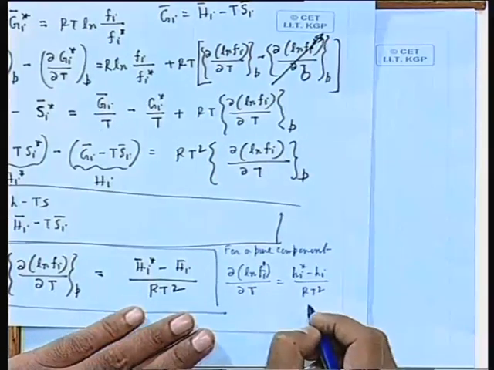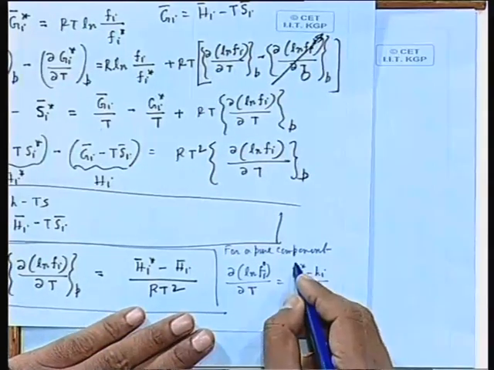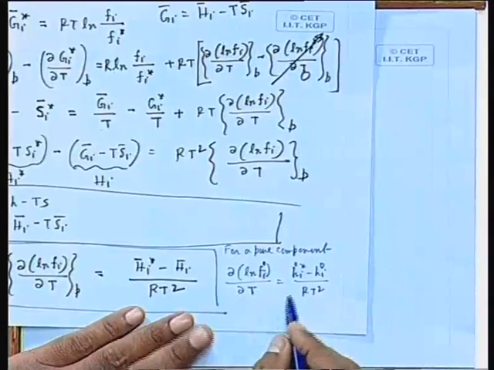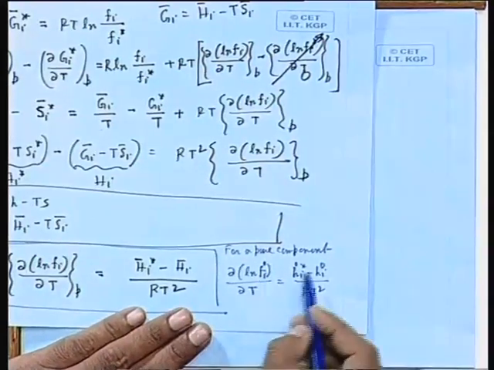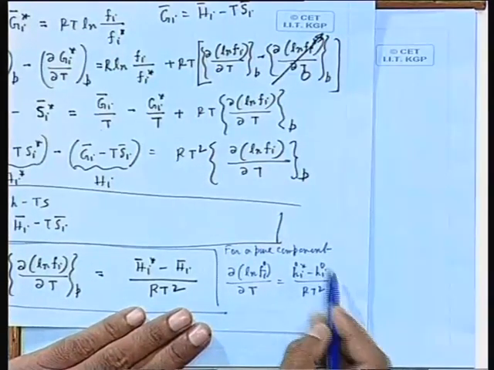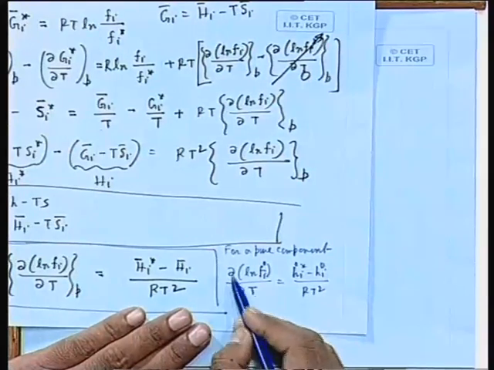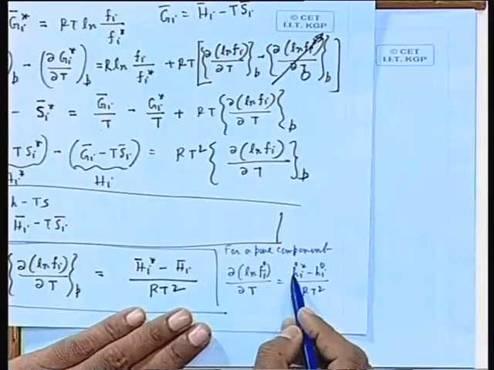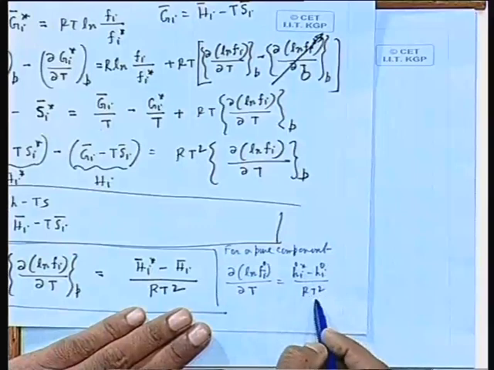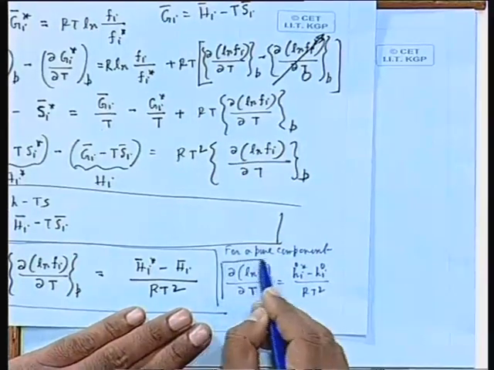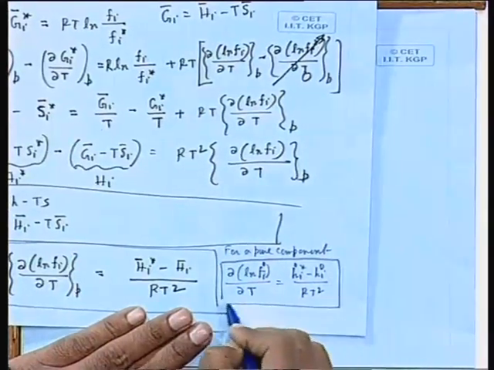These are the molar enthalpies of the pure component, so I give it the superscript 0. That means when the ith component exists as a pure component at the same state of the mixture, del ln Fi0 by del T is Hi0 star minus Hi0 by RT square. So this is valid for the pure component.